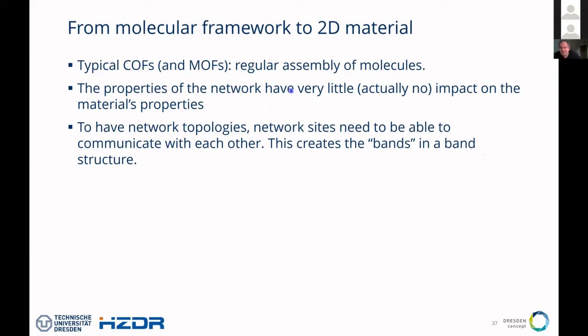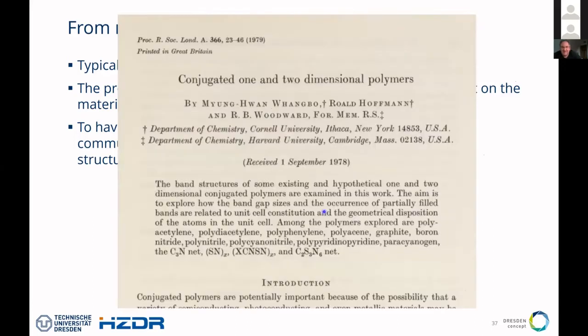And there was a very big debate about who was suggesting or making the first fully conjugated framework. Actually, to settle this debate, the suggestion came from these guys in 1979. So it's very, very old. Roald Hoffmann and Woodward and so on.